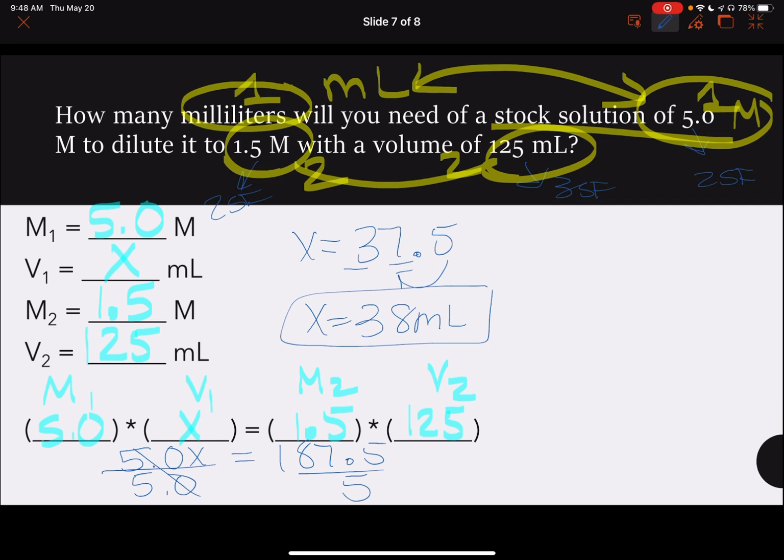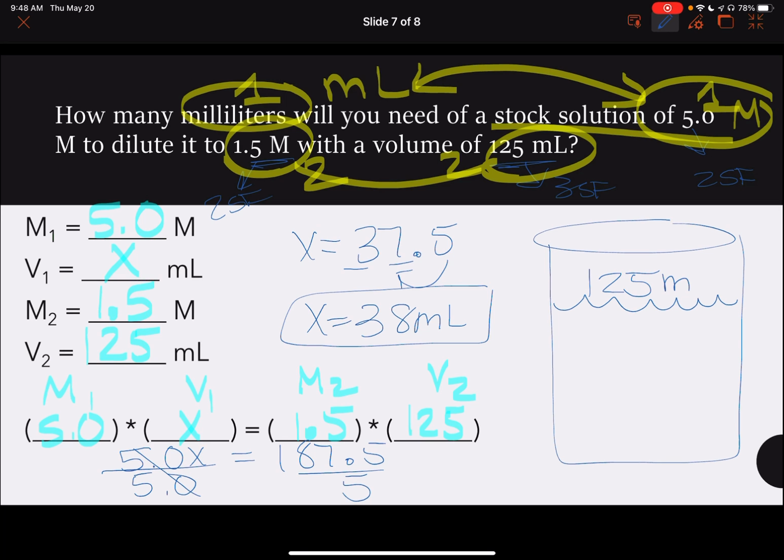Now, the secondary question is, how much water would you need to dilute it? So if we think about our beaker, we're trying to make a dilution of 1.5 and 125 milliliters. So I need 125 milliliters as my total. You just figured out that there are 38 milliliters of my stock, aka that concentrated 5 molar.